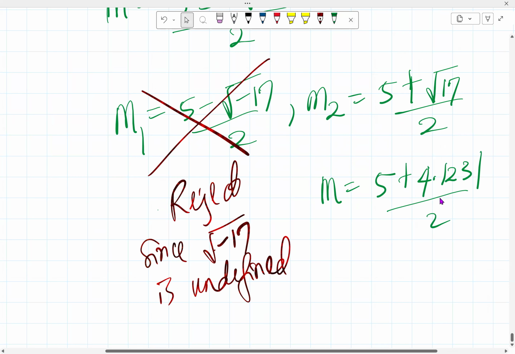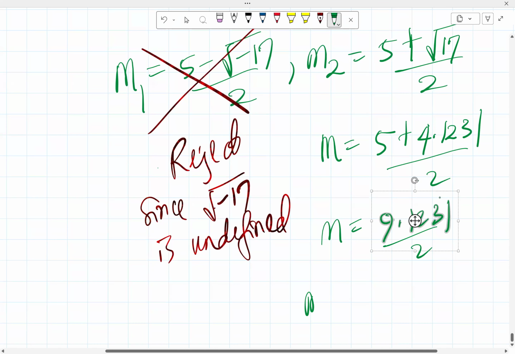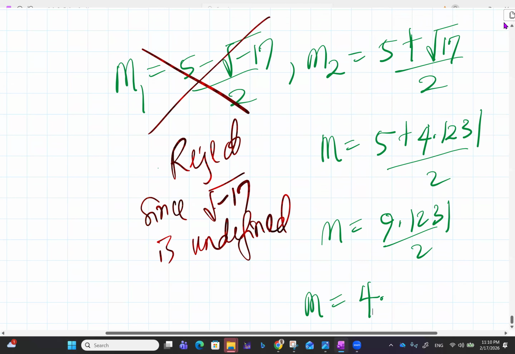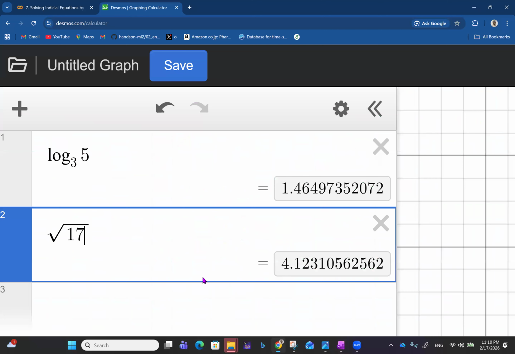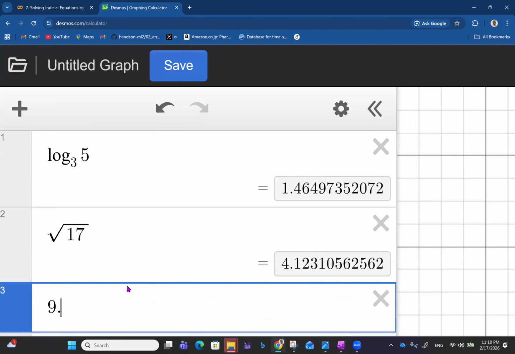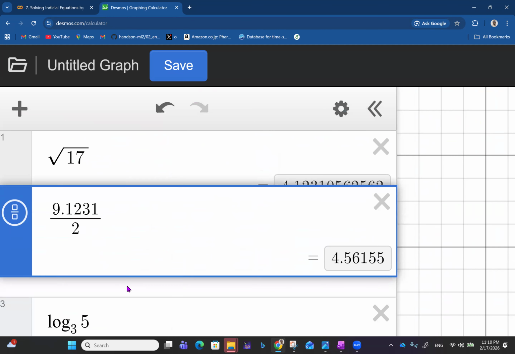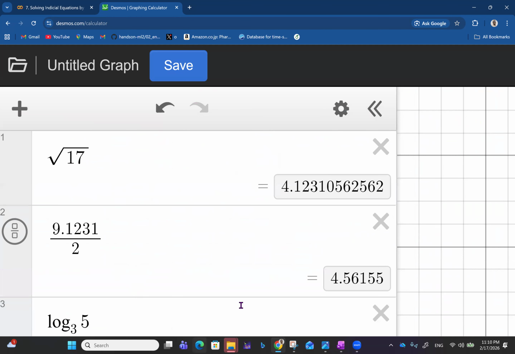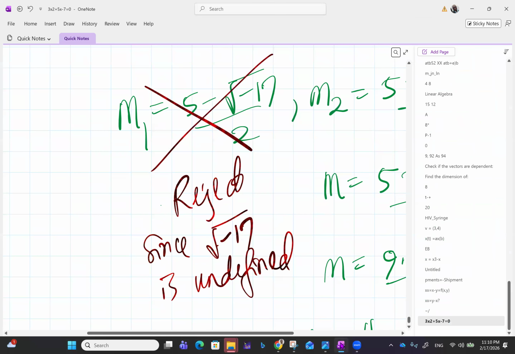So m now is 9.1231 all over 2. I'll quickly go to Desmos: 9.1231 divided by 2 gives me 4.5616.